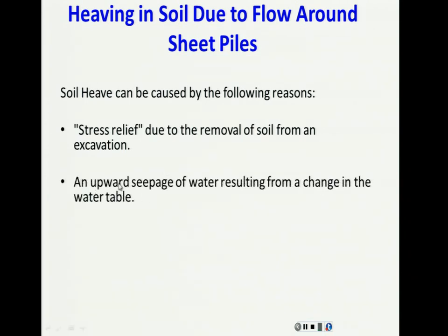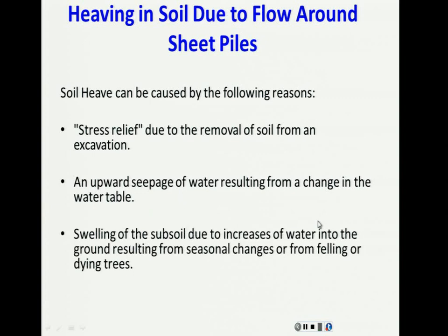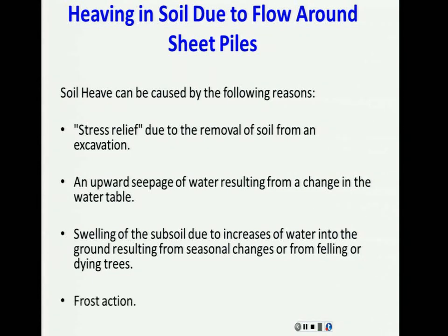You can have upward seepage, which is the one that we are dealing with now, for any reason. You can have swelling due to rotting material that is expanding also, or you can have expansion because you have water and it freezes, and the water makes the soil expand also.